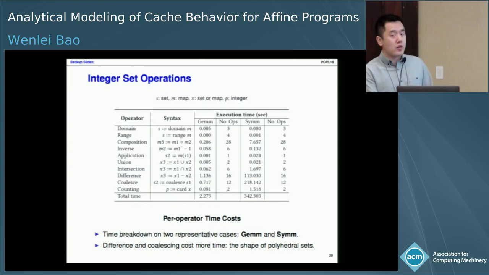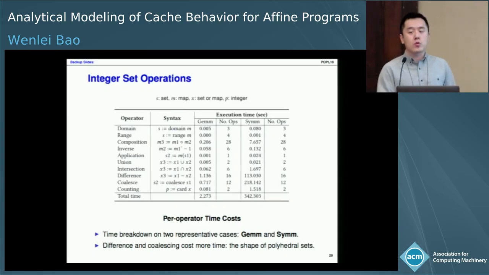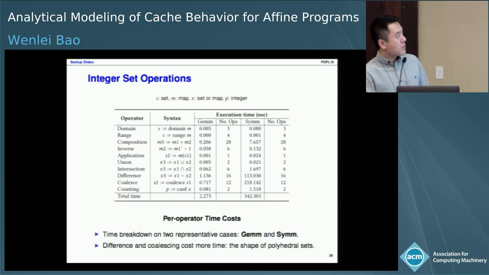These two benchmarks are very similar, basically sort of matrix multiplication, but you can see that analysis time is quite different. Here we break down all the integer set operations we use in our formulation. Most of them cost very little, but you can observe that for the difference and the coalesce, the cost explodes for the SIM benchmarks.